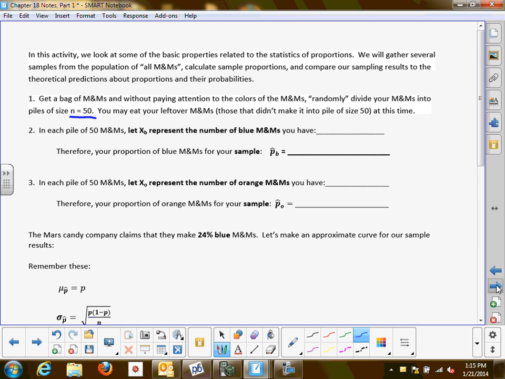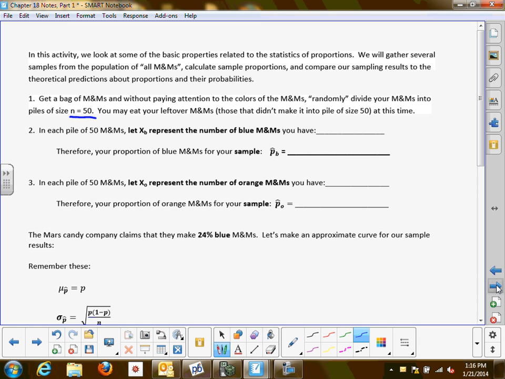I do not want you to dump them all at one time and then pick your favorite 50, even if that's unconscious, because that could have some bias to it. We're going to be looking for blues and oranges, so maybe you end up picking all of those. So I want you to tear your package and count out 50 so that you are not having any bias in the 50 that get chosen into your sample.